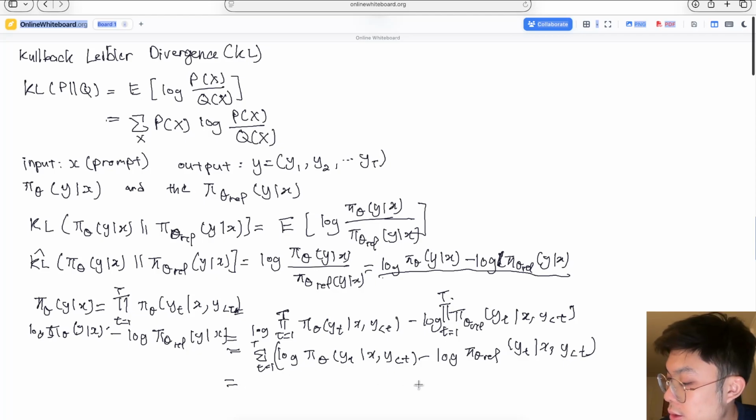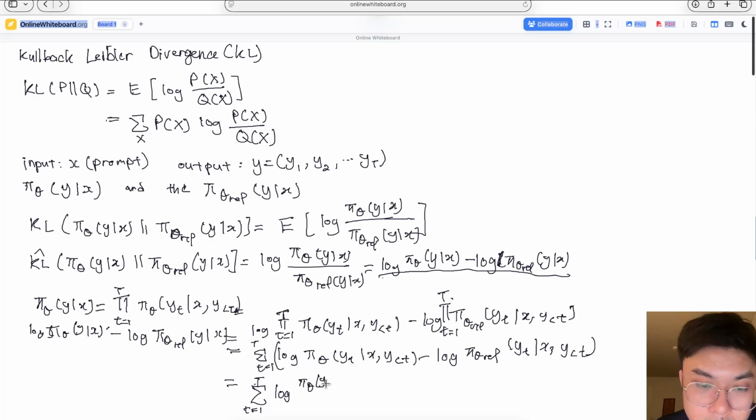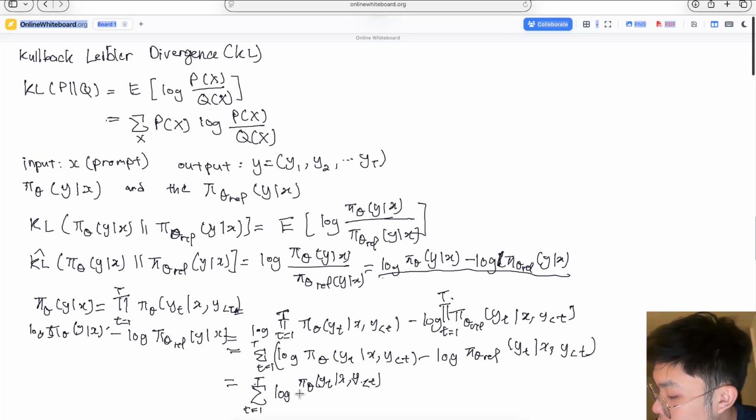Again we have the log identity, so we can divide it. It will be the sum over every token of the log of pi theta over pi reference of each token given the input and the previous tokens.